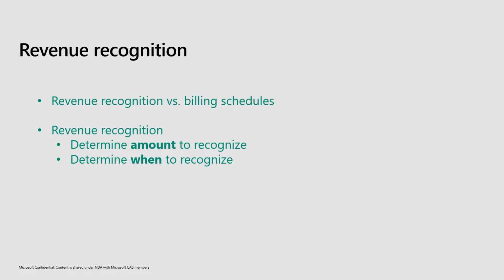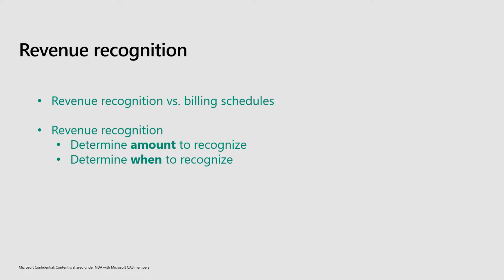So revenue recognition specifically deals with the accounting aspect of when you recognize the revenue and at what price you recognize that revenue. So as you'll see a little bit later, we'll talk about the setup and how the system interprets whether we post to revenue or deferred revenue, and then also the setup behind the prices that we're actually recognizing or deferring.